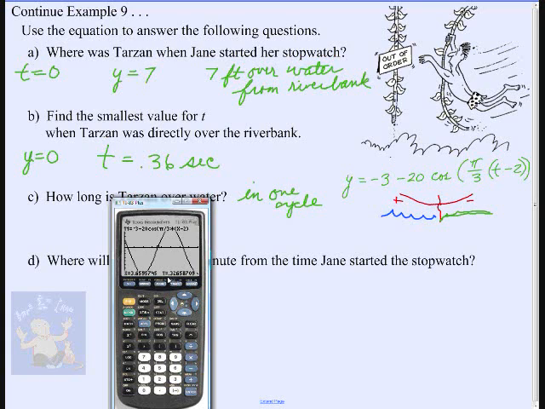So approximately, this is pretty close to when he first is over water, and that's at 3.6 seconds.